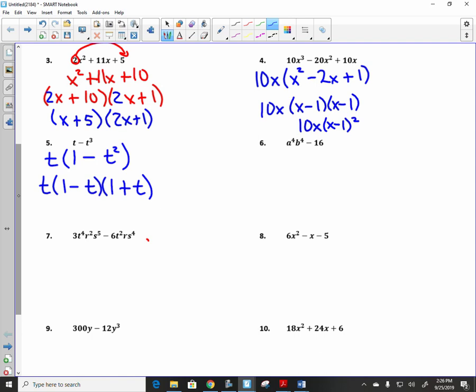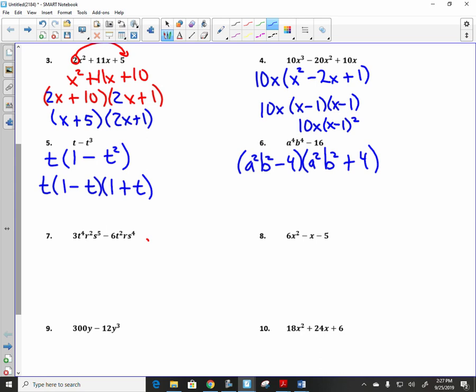Last example, then we'll let you work. What about number 6? Where to even begin? Leslie sees it. It's the difference of 2 squares.